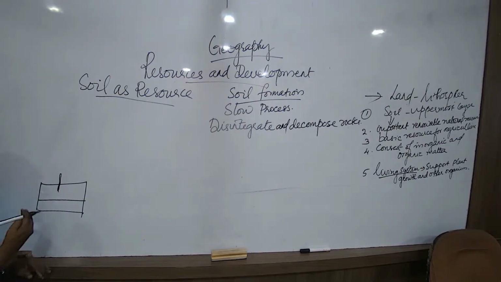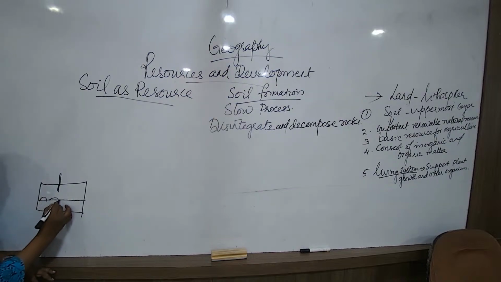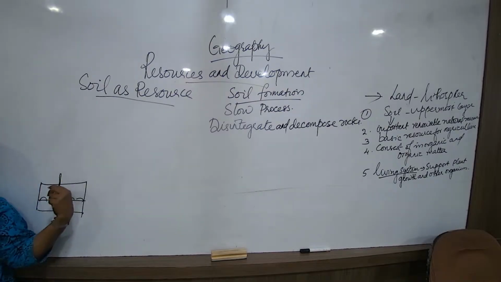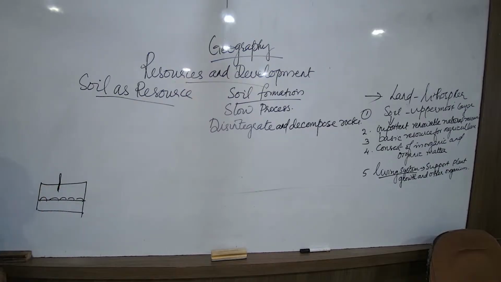So the bedrock part remains, and above that different layers are formed, and in the topmost layer finer particles are there. When different layers are formed this way, it is called soil profile.